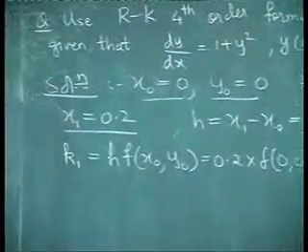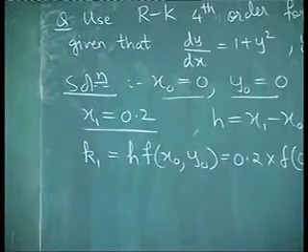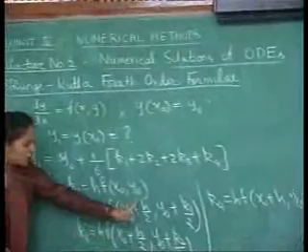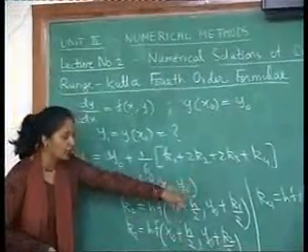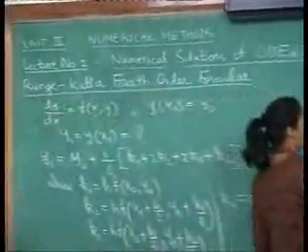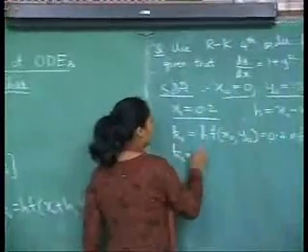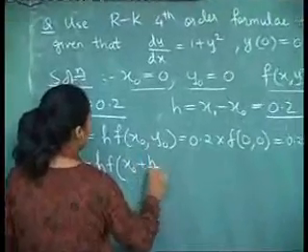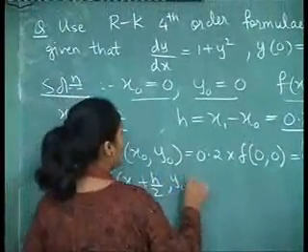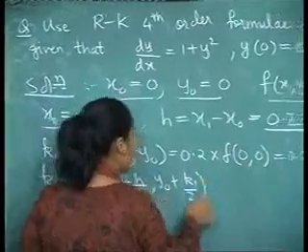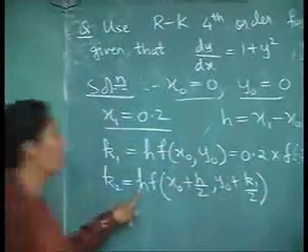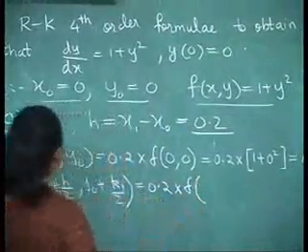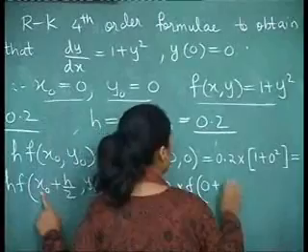Now let's look at the formula for K2. K2 is h times f of x naught plus h by 2 comma y naught plus K1 by 2. h is 0.2 into f of x naught is 0, h is 0.2.